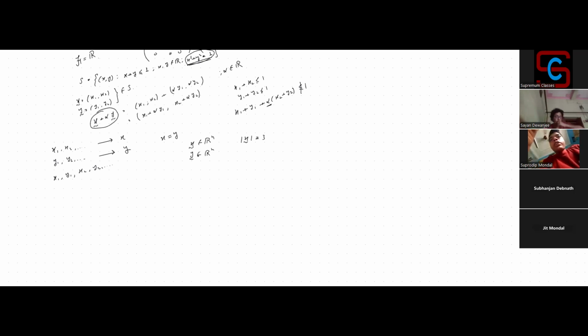I want to know the maximum and minimum length of x plus y.